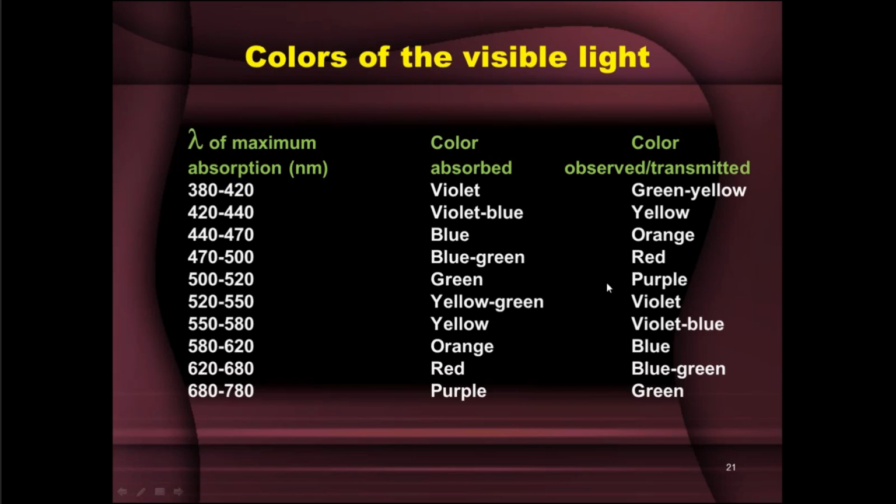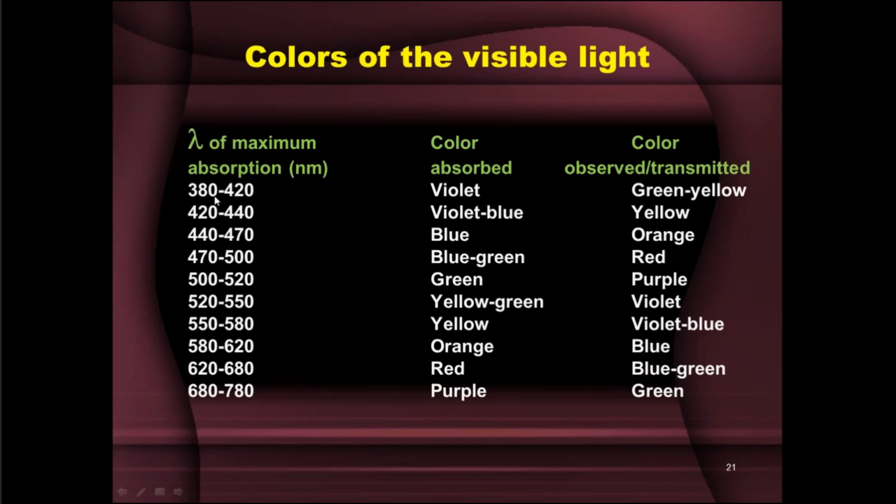So if your solution is looking purple, you have to use the wavelength corresponding to the complementary color. Complementary color for purple is green, and hence you will use a wavelength of 500 to 520. On the other hand, if you have a green solution, you will use the wavelength corresponding to purple color, because that's the complementary.